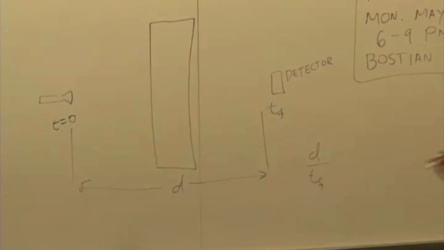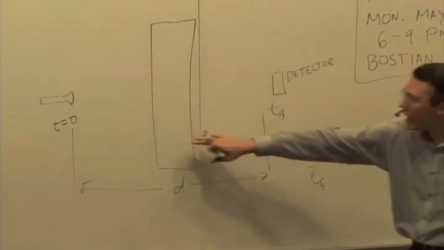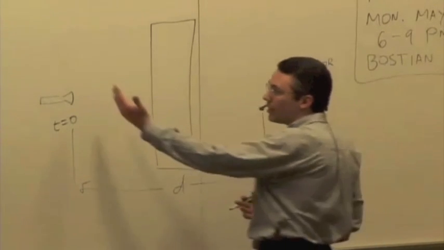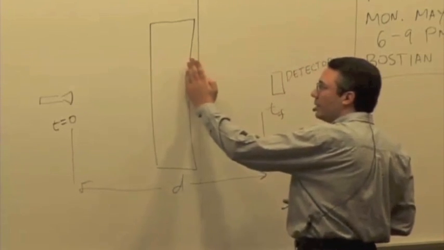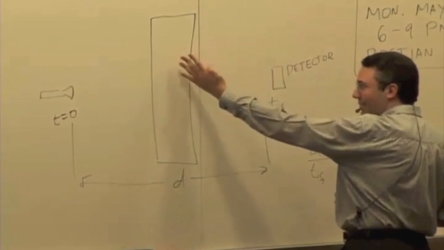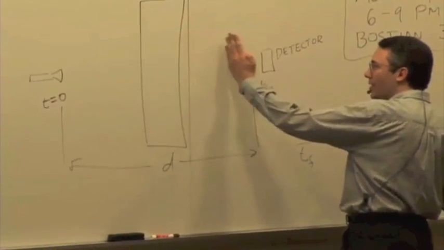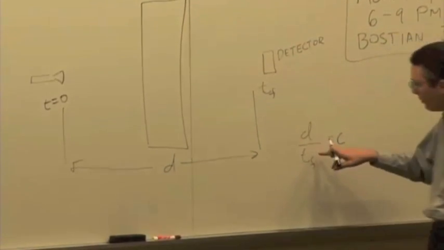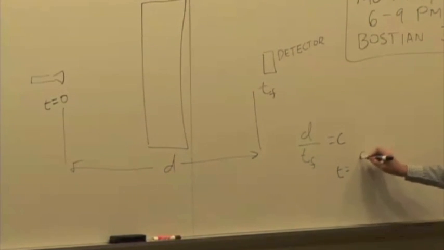That should give you the speed of light. That should give you 3 times 10 to the 8th meters per second, no matter what's in the way, because the superposition principle tells us that this initial radiation comes through, and even though there's re-radiation, that initial radiation isn't affected by the re-radiation. It's still going to reach the detector at time t equal to d over c.